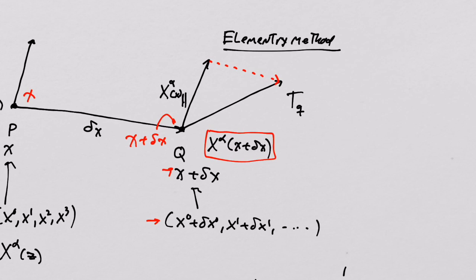So we should be able to Taylor expand this without any trouble. And the Taylor expansion of that is going to be very straightforward. I'll make sure I make my little x's. The field is big X, and the coordinate is little x.